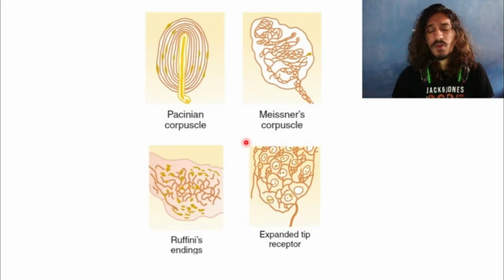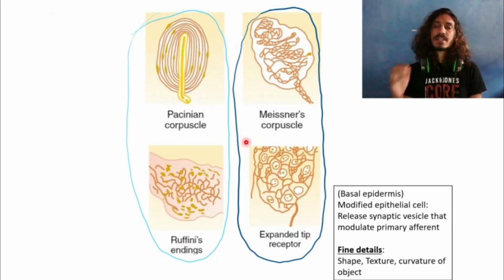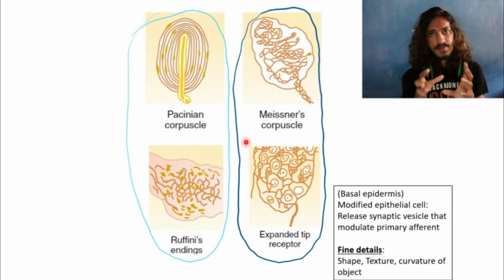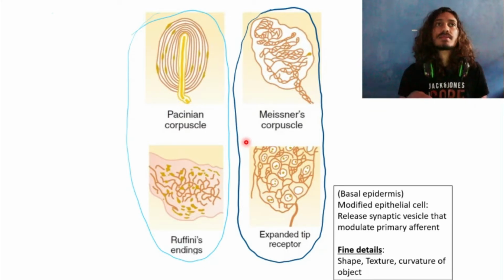So this expanded tip receptor, what does it do? This is a Merkel's cell from the Merkel's complex. I told you this complex includes the non-neural tissue as well.